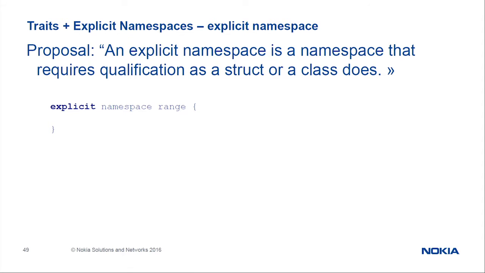What I mean by an explicit namespace: it's a namespace that needs qualification. I don't want to use it unqualified. I want to be able to add things. It's an open thing. It is not a class or a struct that is closed for addition.